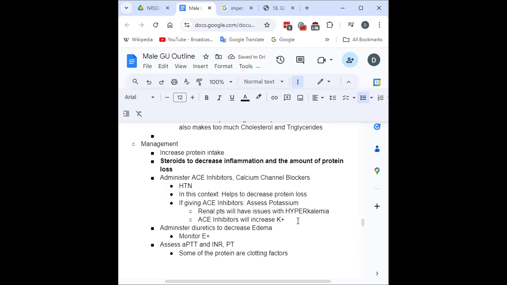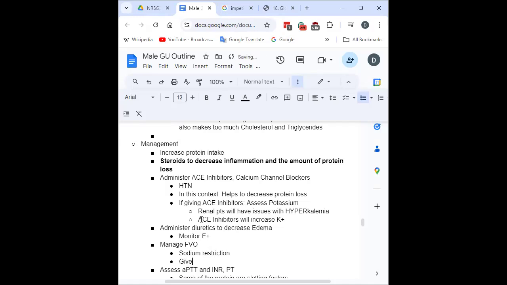I guess you can do, again, fluid restriction and sodium restriction. Just manage your fluid volume overload. So sodium restriction, but also monitor your salt because you can have low salt too. So just be careful on that.